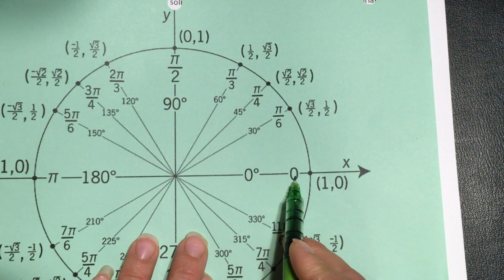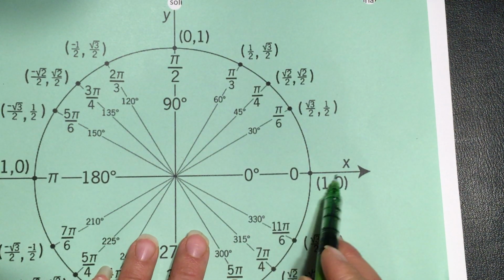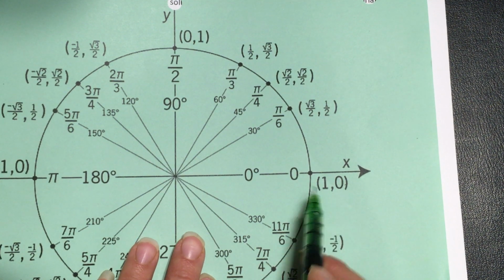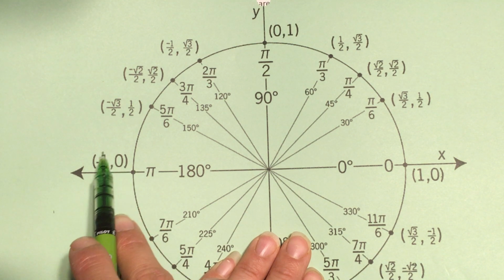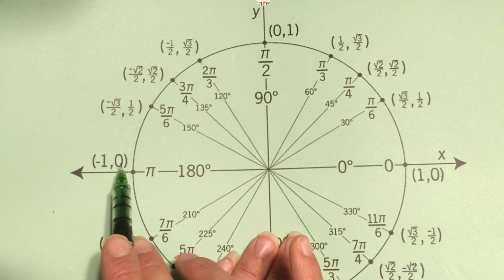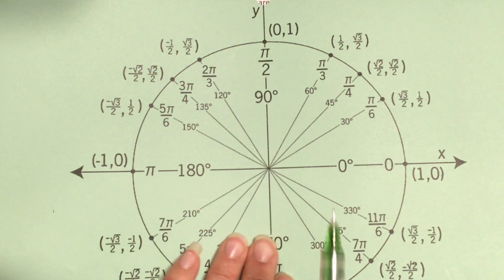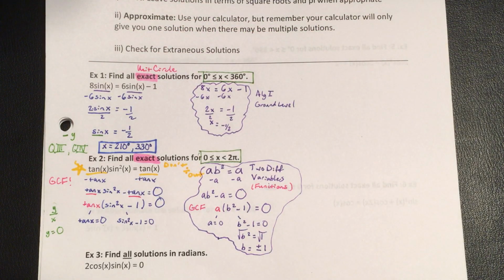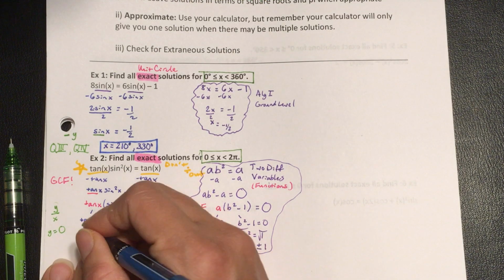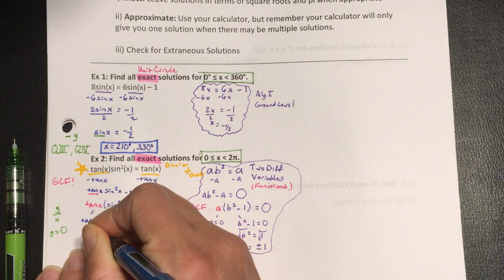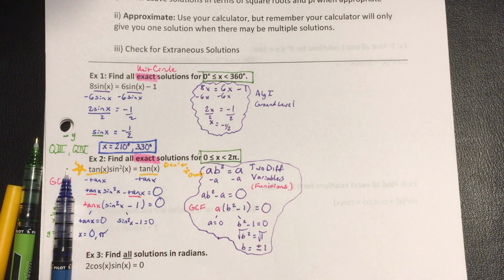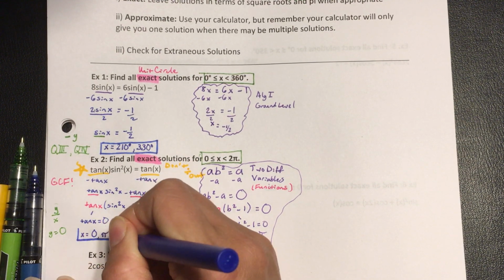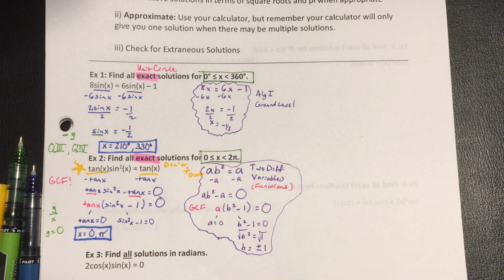Here at 0 radians, my y value is 0, so y over x, 0 over 1 is 0. And then here at pi radians, because 0 divided by negative 1 is also 0. So my two angles would be 0 and pi. So those are my two solutions for that part of the equation.